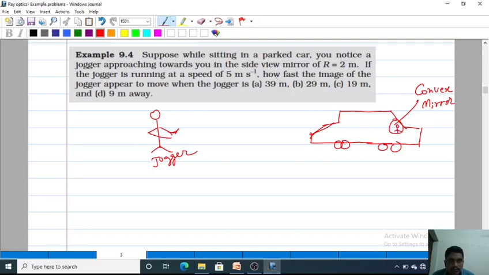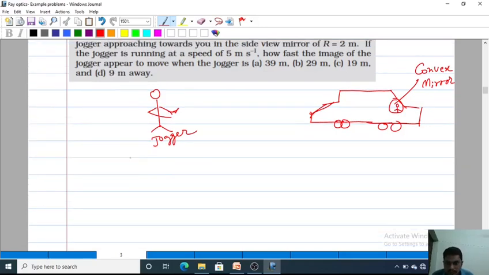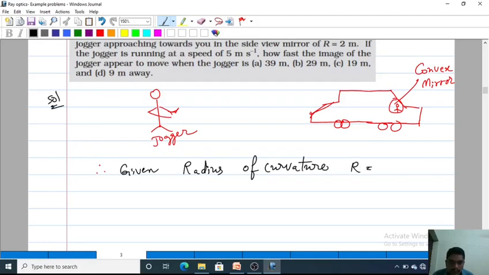The side view mirror has radius of curvature r equals 2 meters, which is given to us.